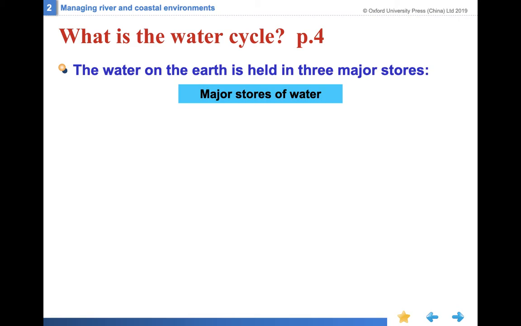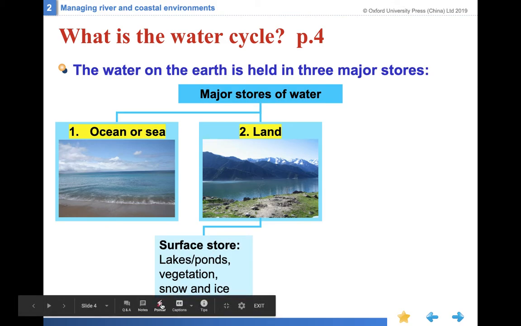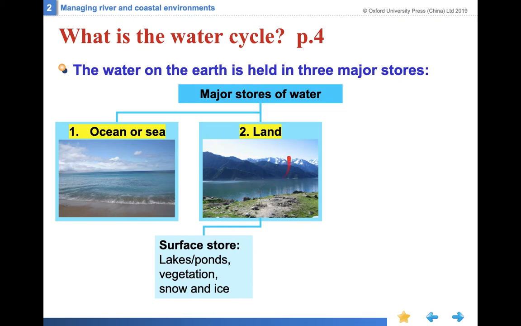So first of all is the ocean or the sea, the most obvious one. And actually land stores a lot of water as well.